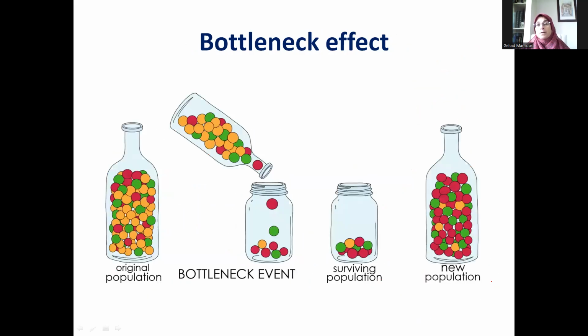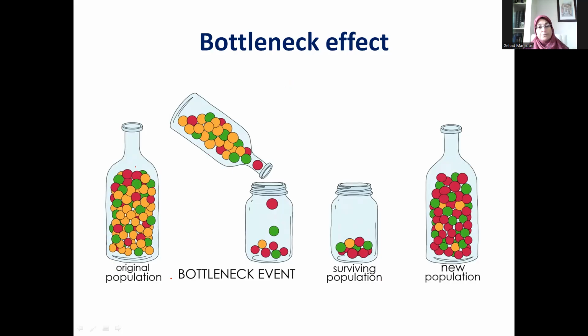No. This diagram is amazing for you to visualize or to understand what the bottleneck effect is. Imagine that this is the original population containing those beads of all colors, purple beads, orange beads, green beads.